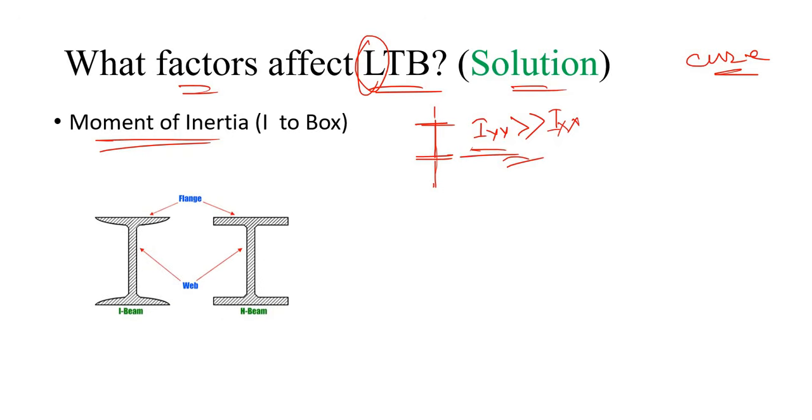How is that possible? This was the initial section. Now somehow if we convert this one like this and eliminate this one, we have basically converted an I section into a box section.